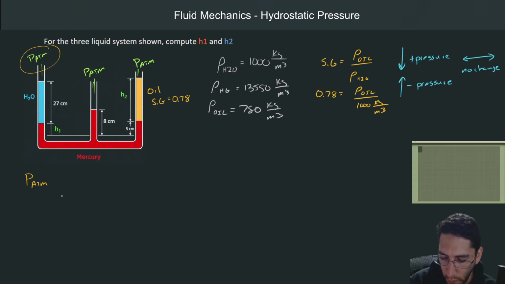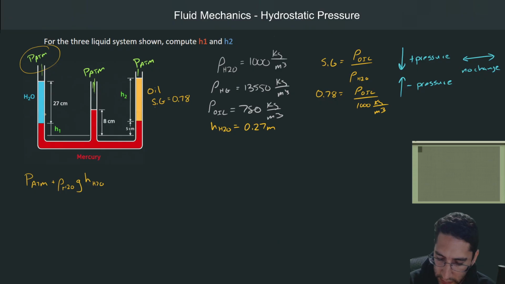I'm going down through water, so I add my density of water times gravity times the height of the water, which is 0.27 meters.